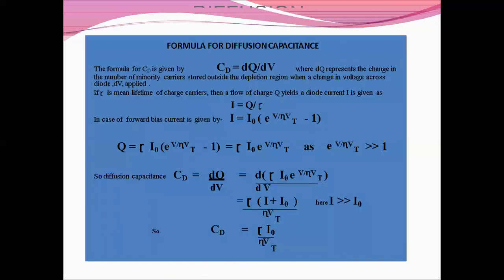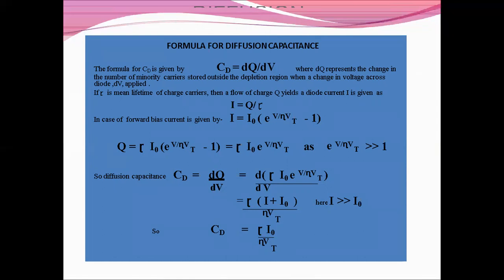The formula for diffusion capacitance is given here, that is C_D equal to dQ by dV, where dQ represents the change in the number of minority carriers stored outside the depletion region when a change in voltage dV is applied across the diode.